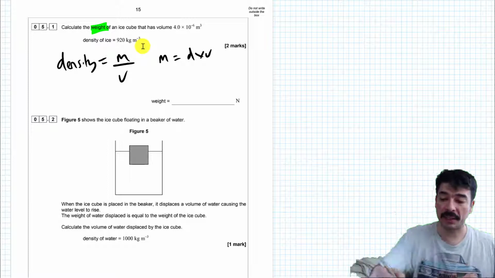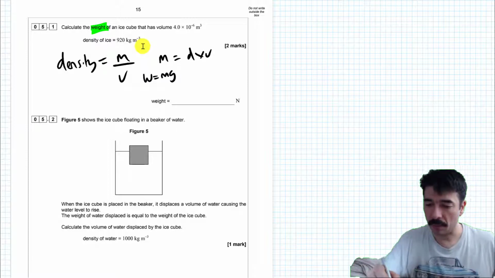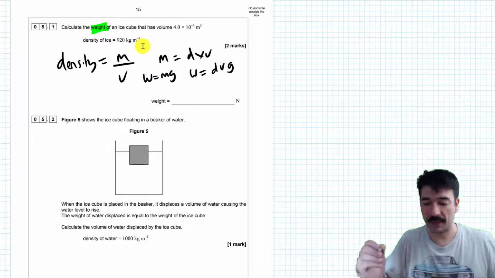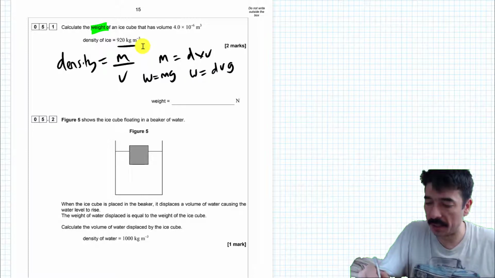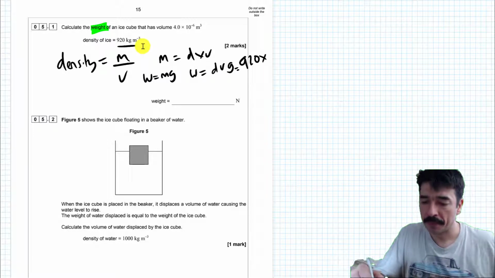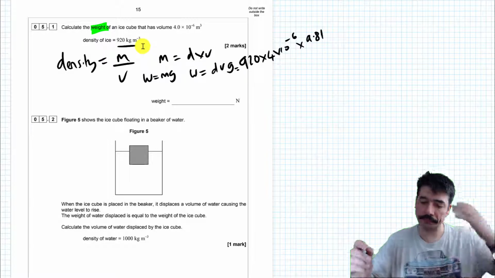Now, finally, I need to get the weight. So W equals mg. Mass can be given by density times volume, so weight should also be given by density times volume times gravity. The density of ice is 920, so it equals 920 times the volume, which is 4 times 10 to the minus 6, times gravity, which is 9.81.